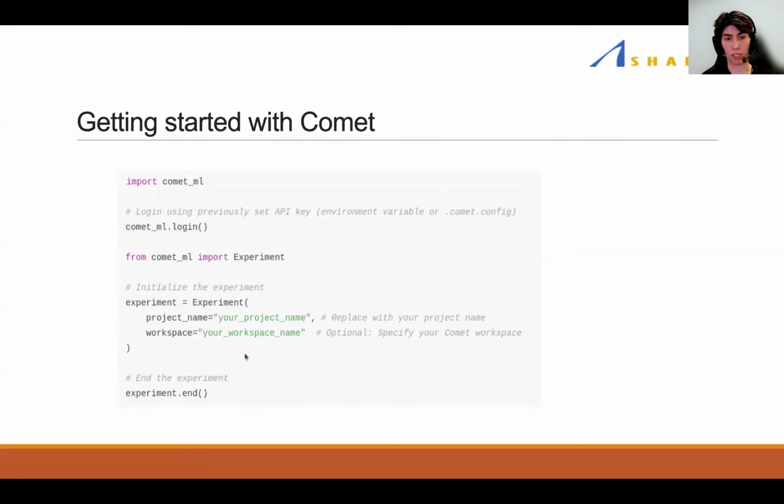If you do not, this is completely optional, but you have to specify your project name. Otherwise, it will be put in an unnamed project that I will show you later. Then you put all the other code that you want to run, and at the end, you have to end your experiment. So these are some specific lines that you have to write every time you want to use Comet.